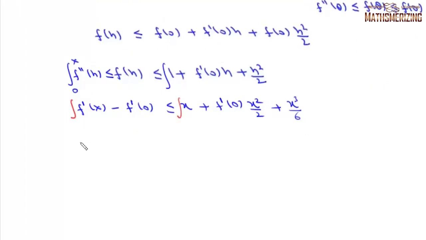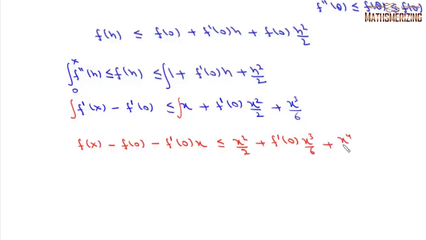Here we will get fx minus f0 minus f dash 0 x, and it will be less than or equal to x square by 2 plus f dash 0 x cube by 6 plus x to the power 4 by 24.